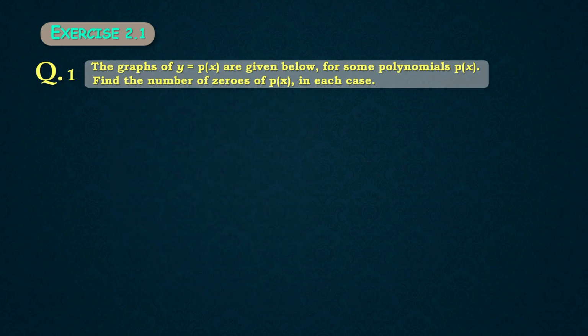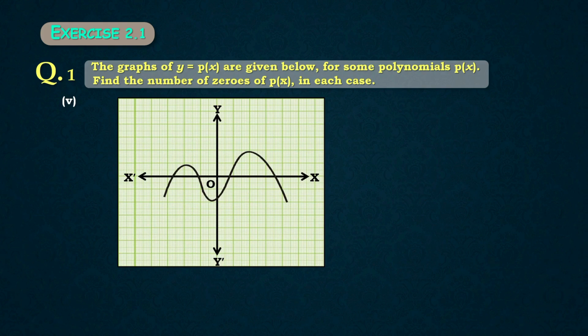Question 1, Part 5. The graph of y equals p of x is given below. We need to find the number of zeros of the polynomial p of x. First, recall an important concept. The zeros of a polynomial are the x values where the graph intersects the x-axis. Now, observe the given graph carefully.